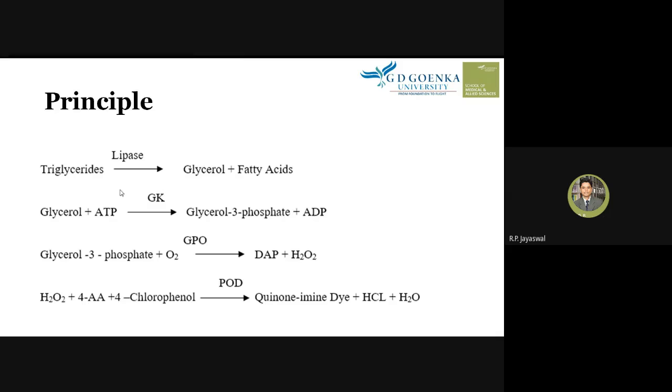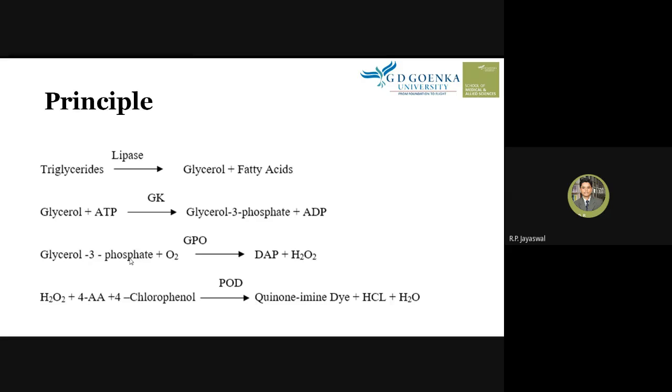The glycerol produced in the first reaction participates in the second reaction and in the presence of ATP becomes glycerol 3-phosphate plus ADP. This reaction is catalyzed by GK enzyme, G for glycerol, K for kinase. Now what do we see in the second reaction? We have glycerol 3-phosphate as a product, which will participate in the third reaction.